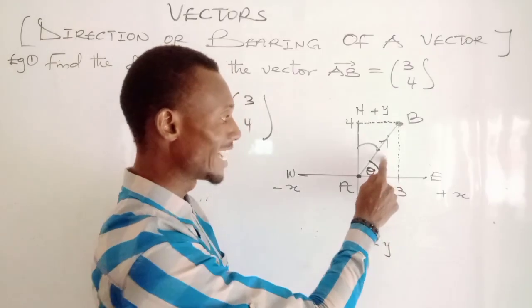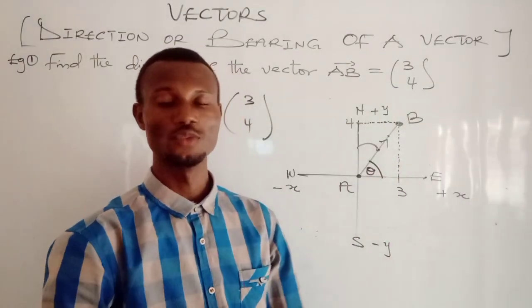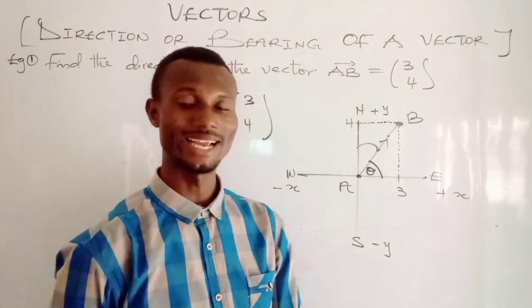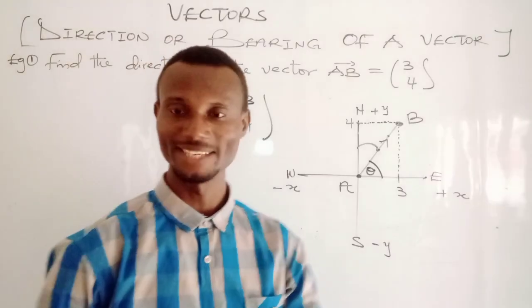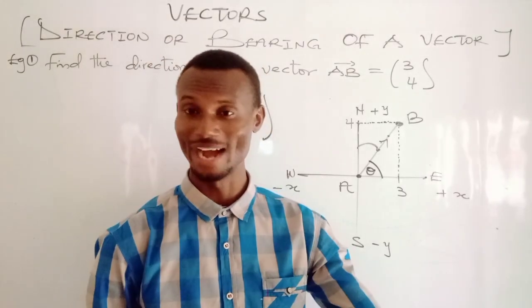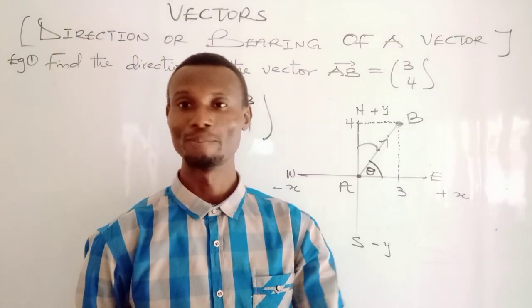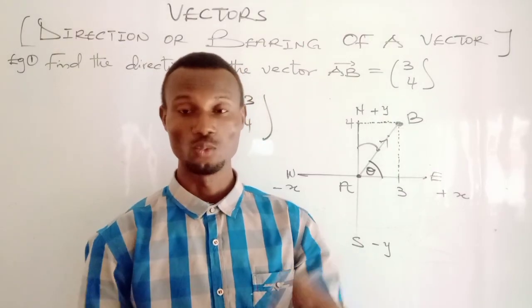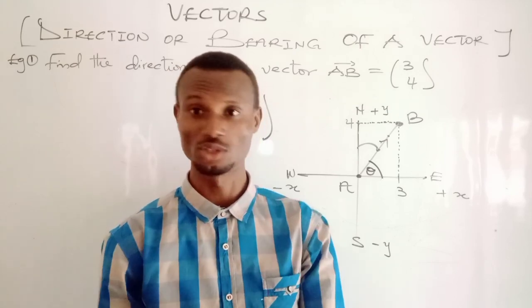So for us to find the angle being formed here, we are going to use a particular trig ratio. I've taught you this when we were handling right angle triangles. We looked at the Pythagoras theorem, and when we were doing that, I went ahead to indicate the 3 trig ratios to you.